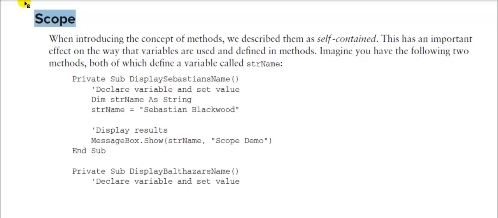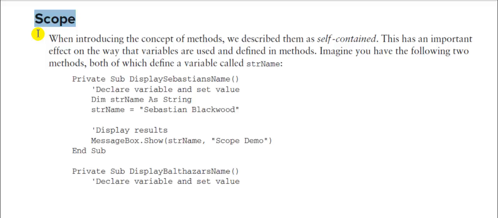Okay, let's have one more short video in this chapter about scope. We sort of talked about scope before when we were talking about the by-val keyword and the by-ref keyword.